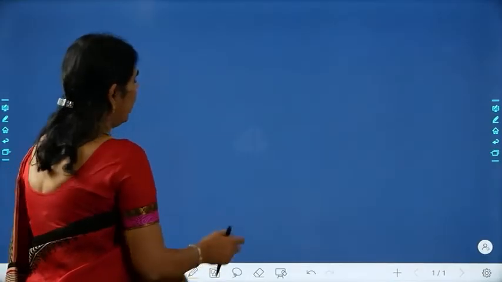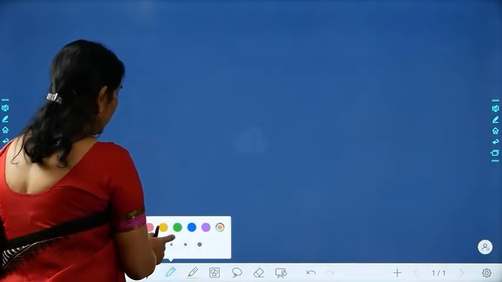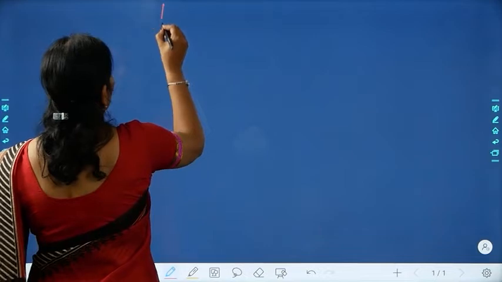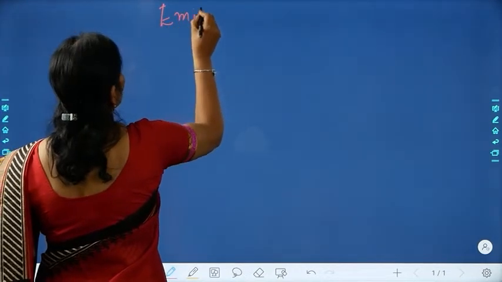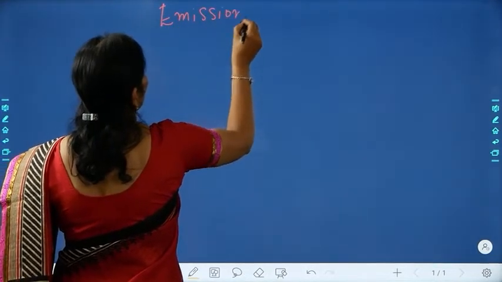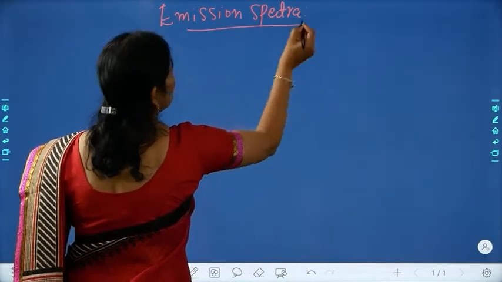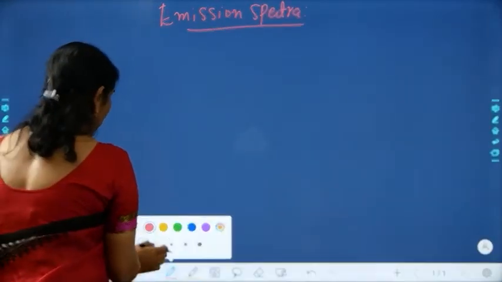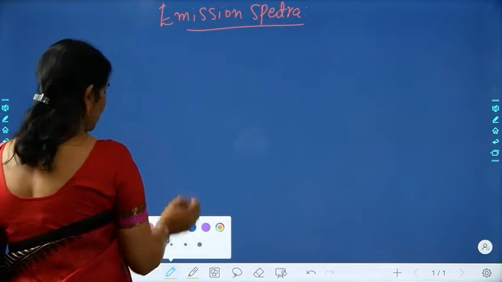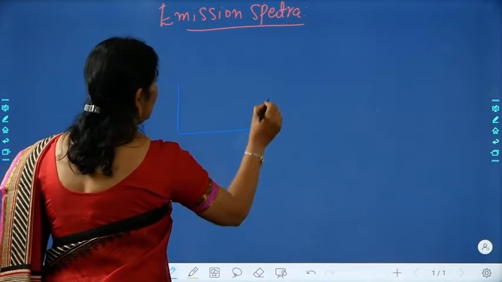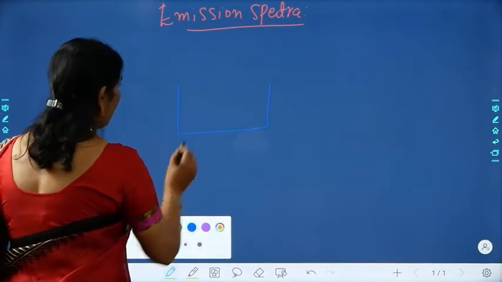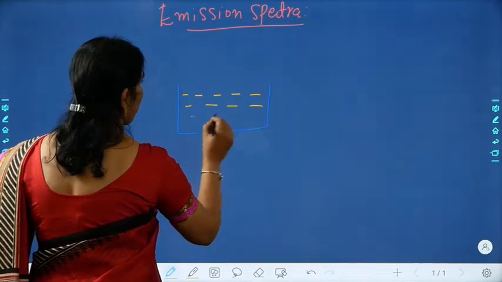Now, the second type of spectra, what I told, is emission spectra. Now, what do you mean by emission spectra? So now I am going to take up this emission spectra. Students, again I am going to consider a container. So now in this I am taking what? A solution.